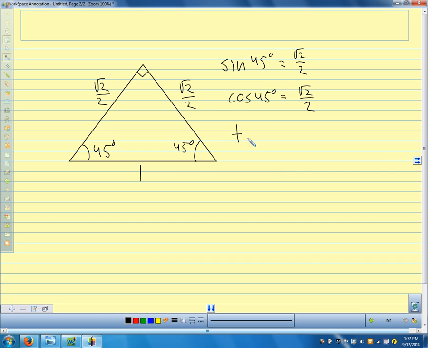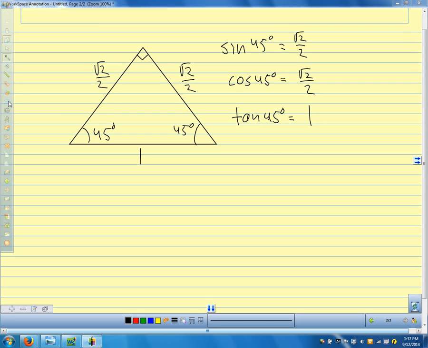And then the tangent of 45 is opposite over adjacent, 1. So thinking about the x and y coordinates on the unit circle, it actually came from using this 45, 45, 90 triangle, but we come to the same place if we talk about it with SOHCAHTOA.